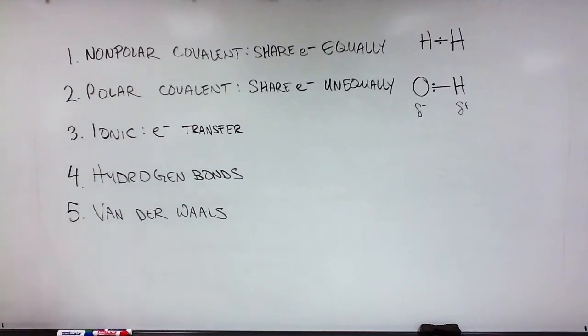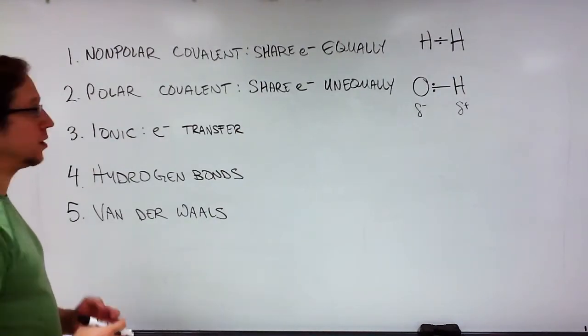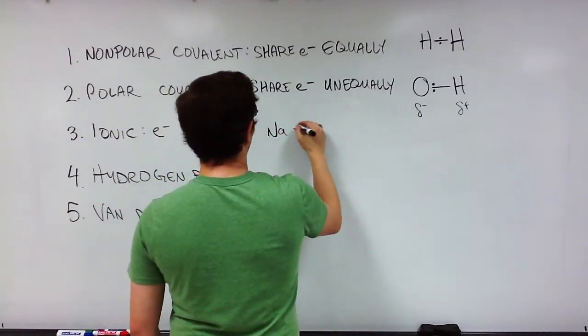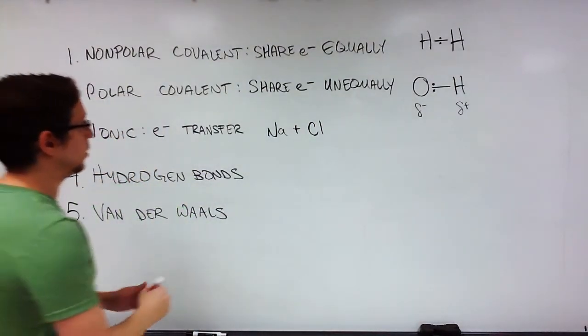So we have electron transfer from one atom to another, resulting in what are known as ions. The example you were given in lecture was where sodium and chlorine engage in this particular type of bond.